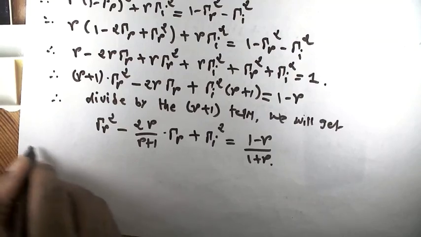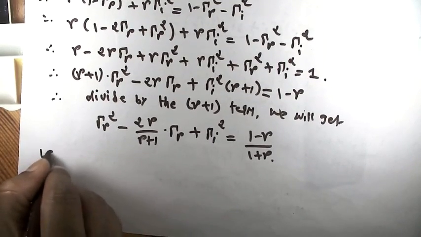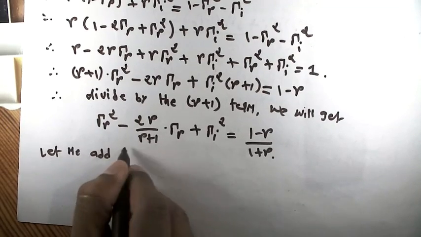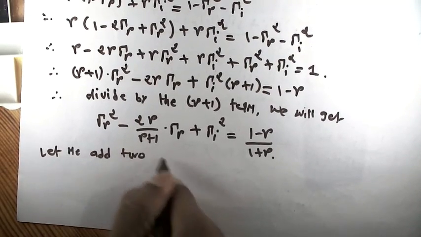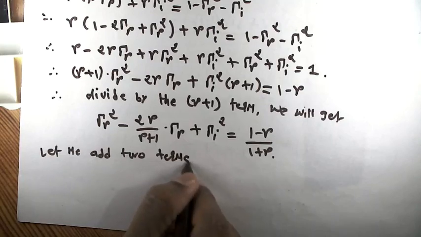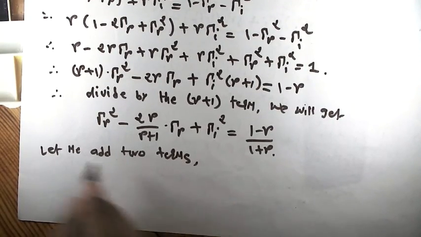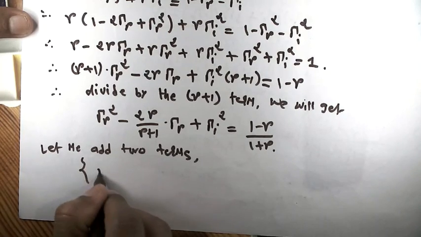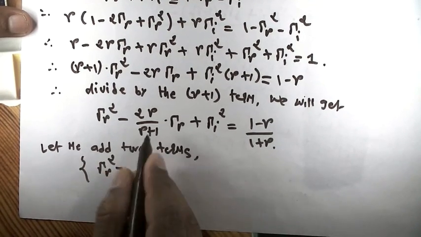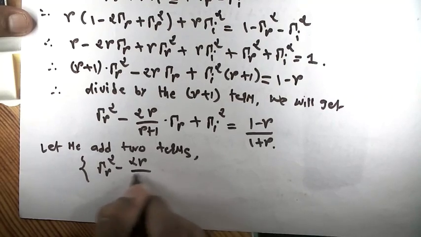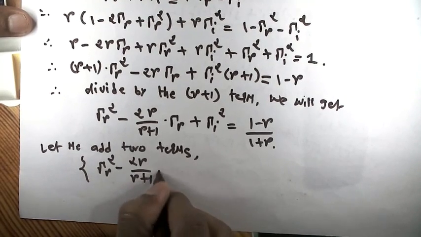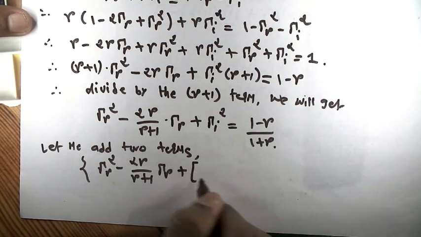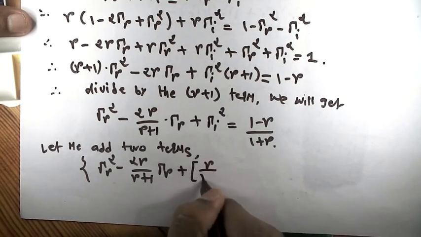So let me add two terms in such a way that sigma r square minus 2 r over r plus 1 sigma r plus, I put it here, r over r plus 1.